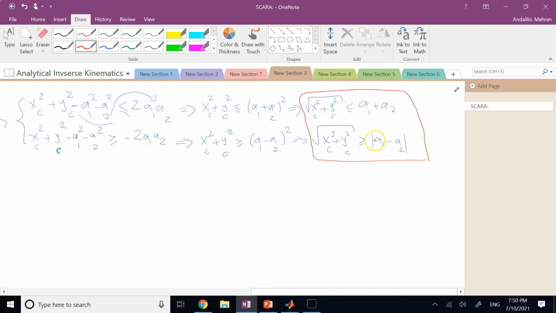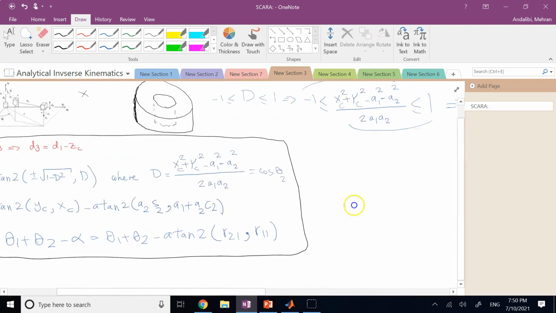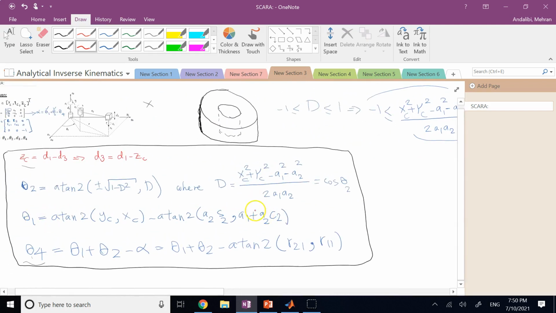So these are the conditions for existence of a solution for inverse kinematics for theta 2, right? And when you cannot find theta 2, of course you cannot find theta 1, because theta 1 depends on theta 2, and then you cannot find theta 4 either, okay? So you cannot find any solution in general. Good, so hopefully it was clear.